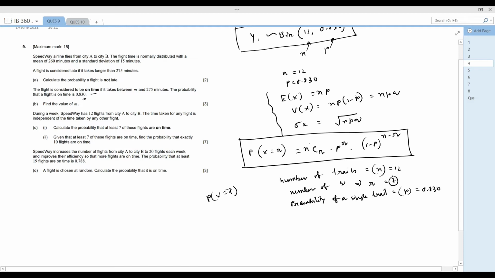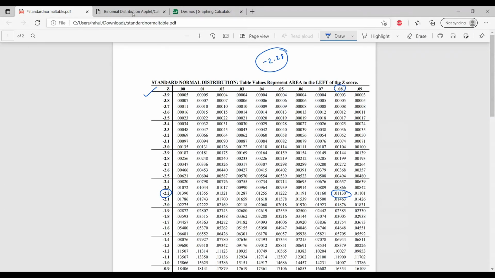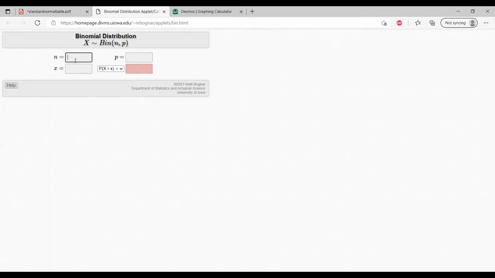You have a calculator in your hand, but I will give you a graphical representation of this problem. So let's see the graphical representation first. From the graphical representation, n is 12, the probability is 0.830, and x is 7.